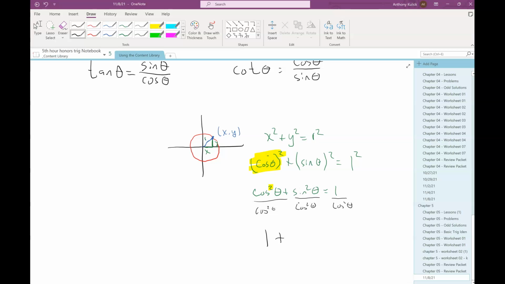So sine over cosine times sine over cosine would be tangent times tangent. So tangent squared, right? Everybody's okay with that idea? And in a similar fashion, if I have 1 over cosine squared, I know 1 over cosine is secant. So 1 over cosine squared is going to be secant squared.